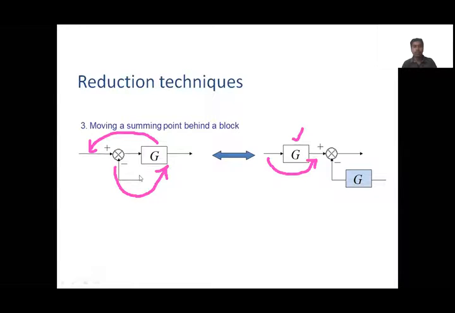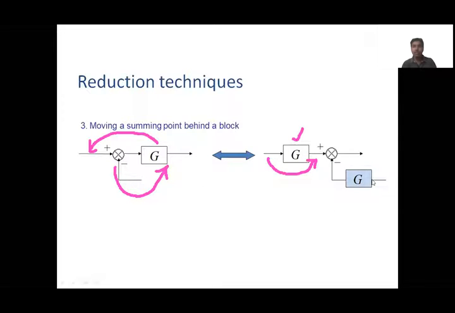Simply, if you want to change the summing point from before the block to after the block, then you simply multiply G with the feedback gain here.